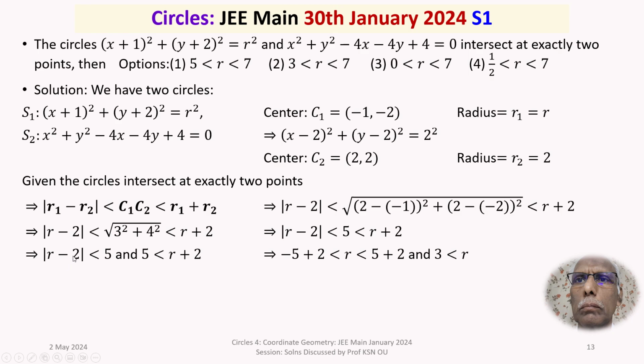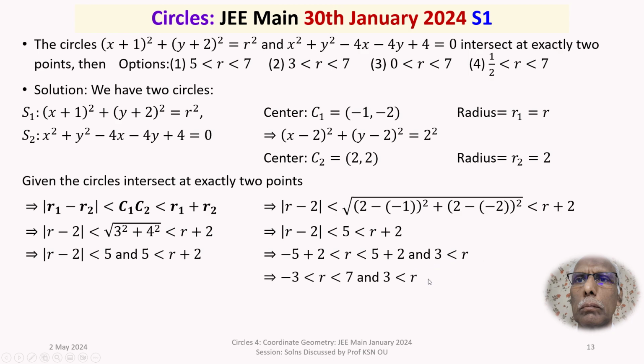So mod of r − 2 less than 5 implies −5 + 2 < r < 5 + 2, and 5 < r + 2 implies 3 < r. This is −3 < r < 7.